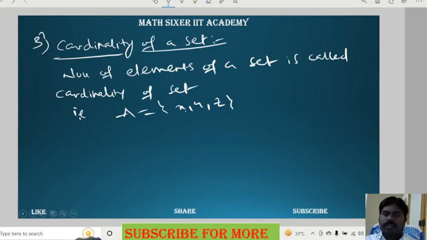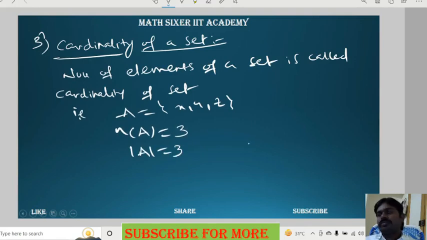How many elements are there here? We have 3. So the number of elements, that is the cardinality of the set A, is 3, and this is denoted by n of A. So n of A is equal to 3, or you can say mod A is equal to 3. Simply, the number of elements of a set is the cardinality of the set.